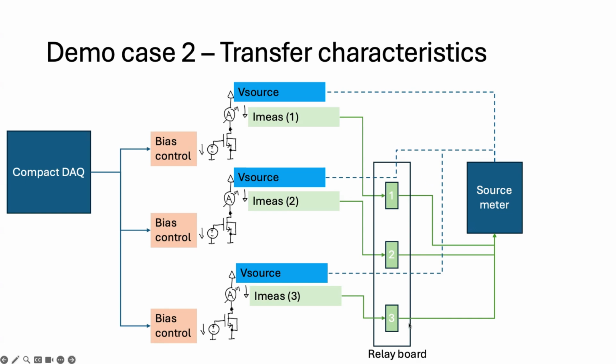So here the measurement system controls the relay board to select the device, the source meter to measure drain current, and the gate of each device was biased by the compact duct. So here really all modalities of the test system were used.